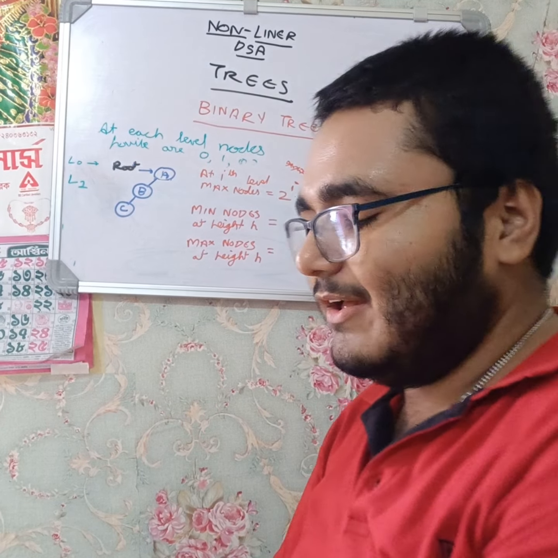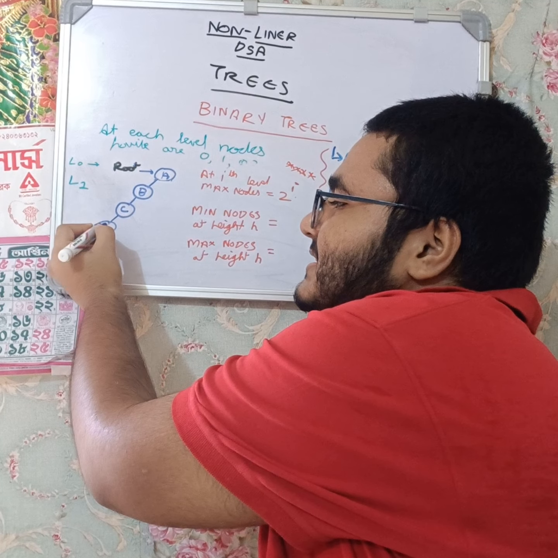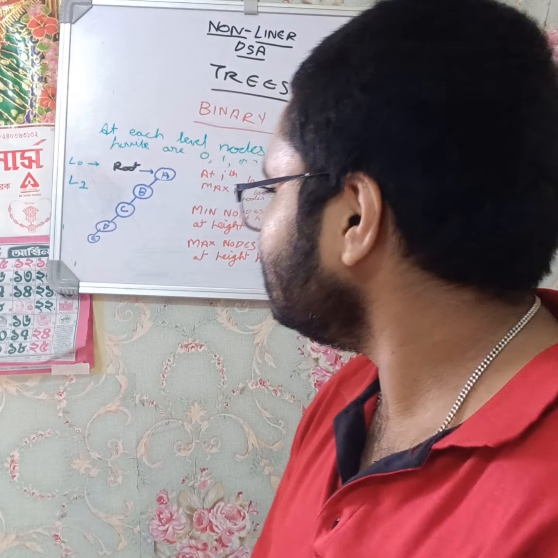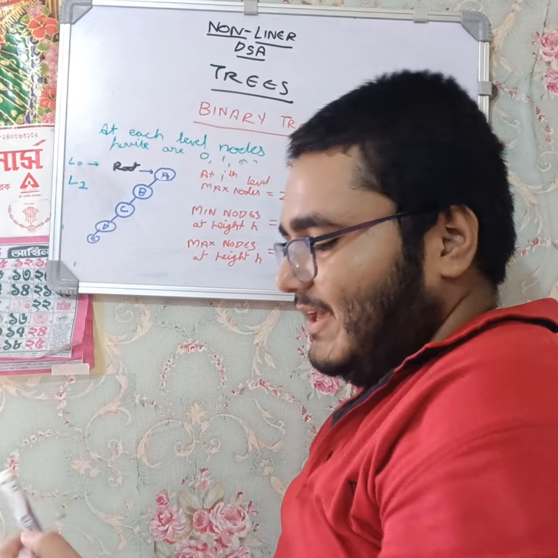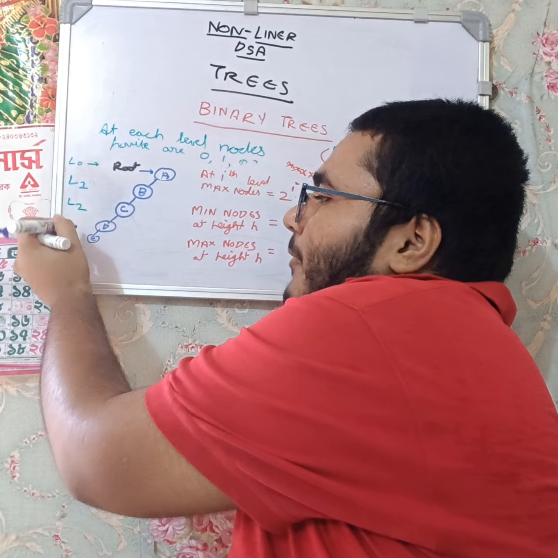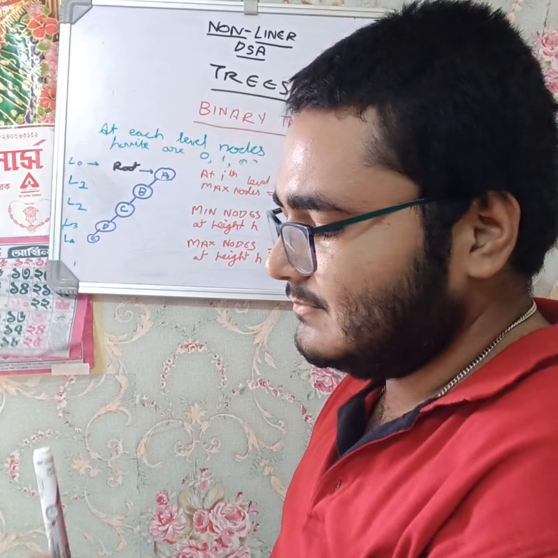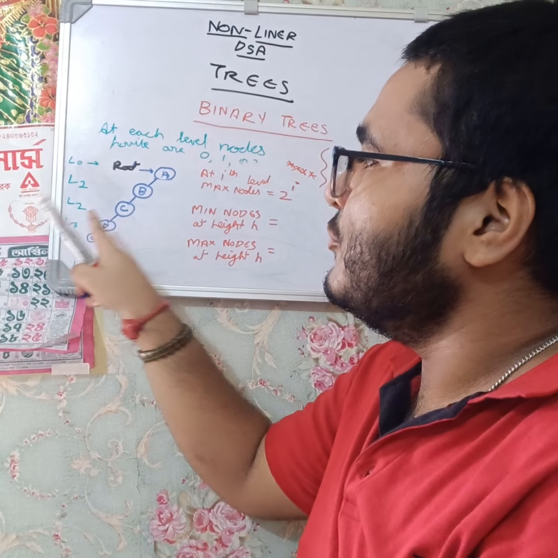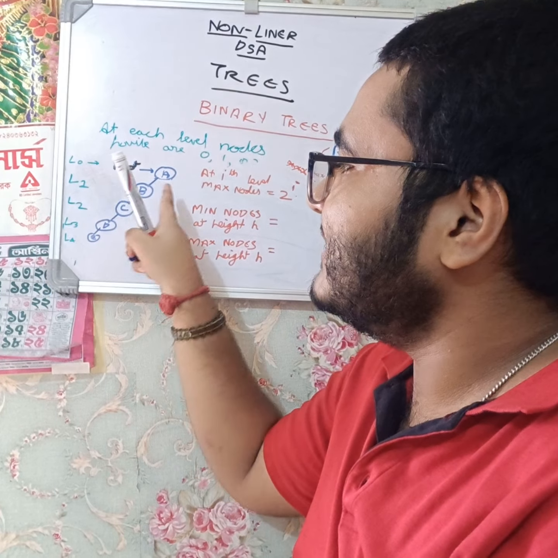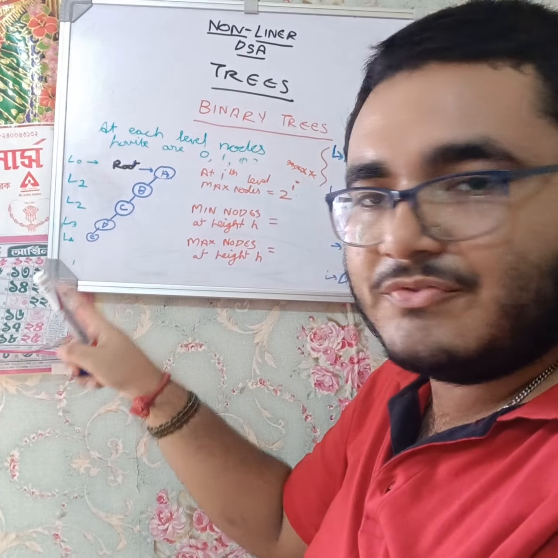And if I talk about the minimum nodes, it can be a straight tree like this, D, continuing on one side only. If I talk about the levels, at level 1 it was 2, at level 2, when the height was 2, it is 3, at level 3 it is 4, at 4 it is 5: 1, 2, 3, 4, 5.